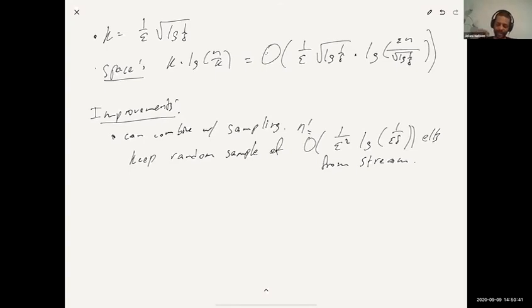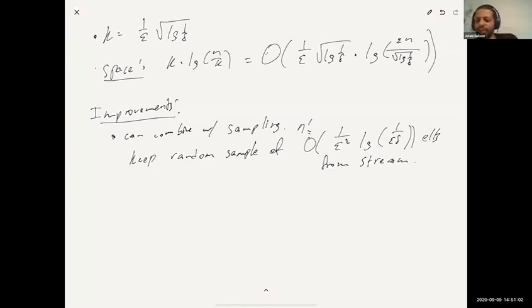And by the Chernoff-Hoeffding bound, basically what you can show is that if you keep a random sample of this size, then that alone will give you an approximate quantile data structure. When someone asks you what's the median, you just return the median from the sample.